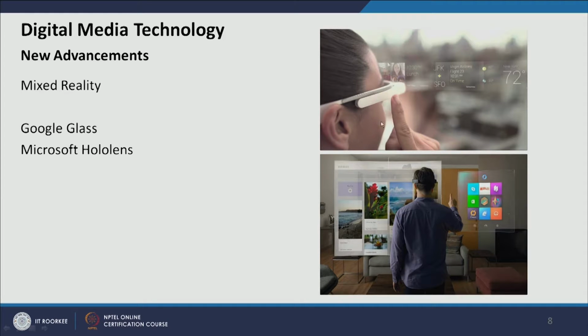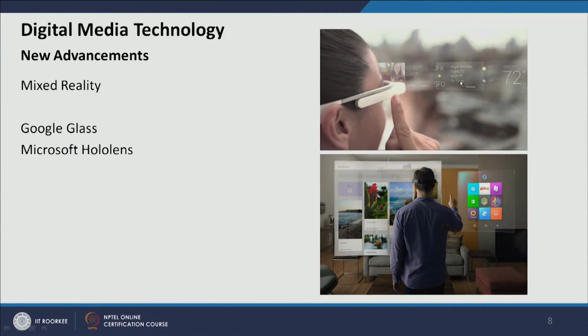If we look at the Google Glass conceptual drawing, the person perceives the physical world, but there is also a lot of information: about the flight, the time, the temperature. The user can perceive it through a projection in the glass. Some videos can also be played on top of the world.